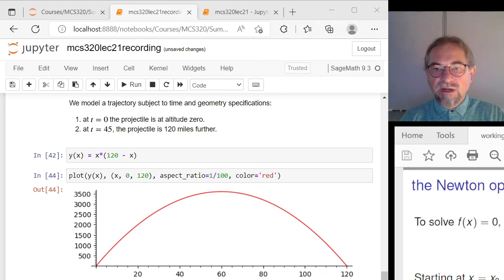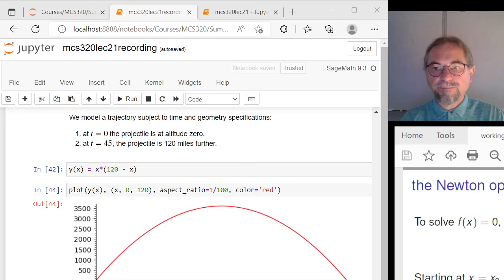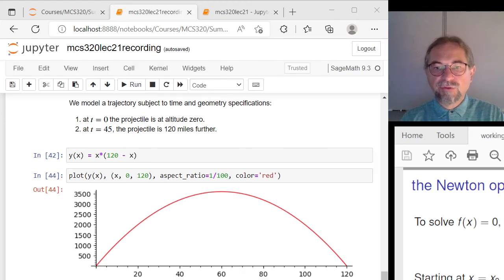And one can see now that this defines the height, so it's nicely symmetric. At x equals 60, we have the height. So one can see also the form of the definition. So we want a positive height. So x is 60, 120 minus 60. So we have 60 times 60 is 3,600.